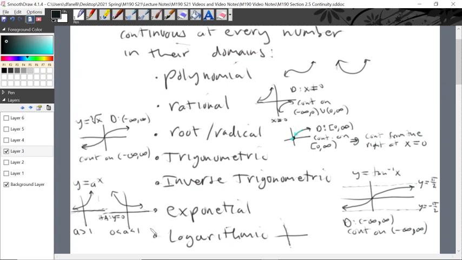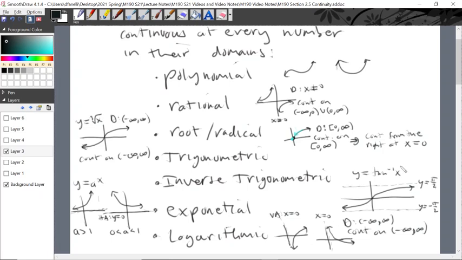Well, the inverse of that, the logarithm, has a vertical asymptote at x equals 0, and the graphs of these functions would look like this. This is the inverse of the exponential growth function. The other logarithmic function, the inverse of the decay model, would look more like this, again with a vertical asymptote at x equals 0.